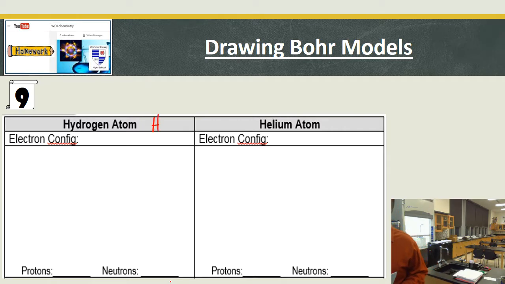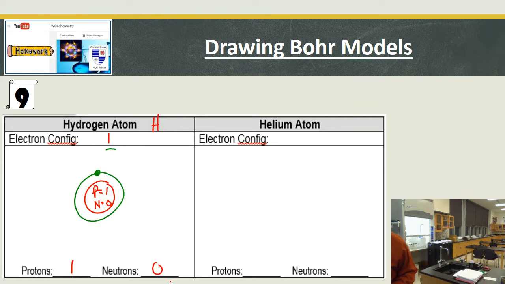It has an electron configuration of 1. It has 1 proton and no neutrons because it has a mass of 1. So I'm going to say P equals 1, N equals 0. And it only has 1 energy level with 1 electron. Piece of cake. Helium atom. Helium is He.